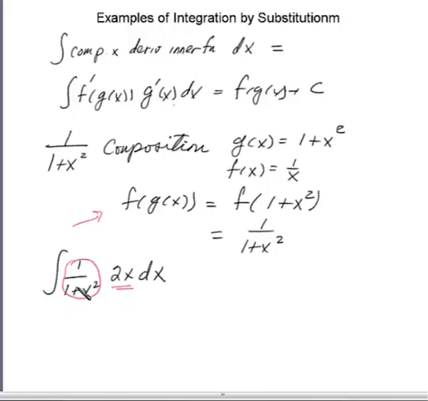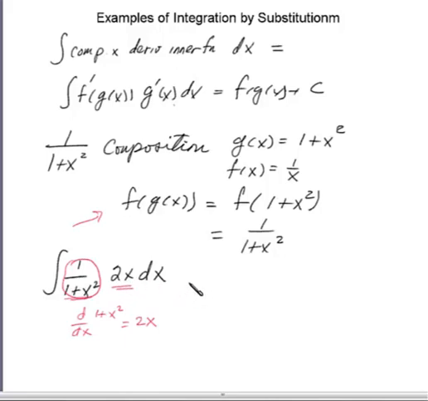And if this is f of g of x, here's your inside function, 1 plus x squared. And the derivative of 1 plus x squared dx is equal to 2x. So we've got the form we need. It's the composition of functions f prime of g of x. We don't know what f prime is, but we see it's f prime acting upon g of x and then the derivative of g of x.